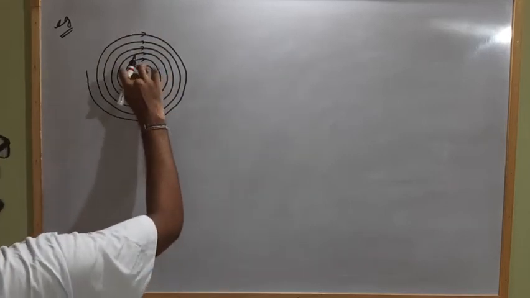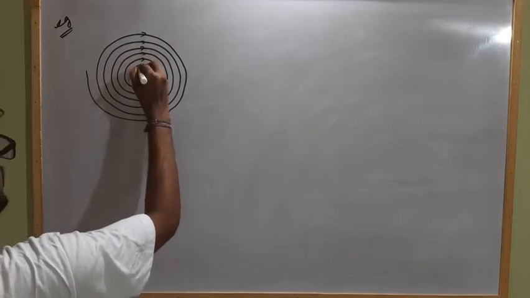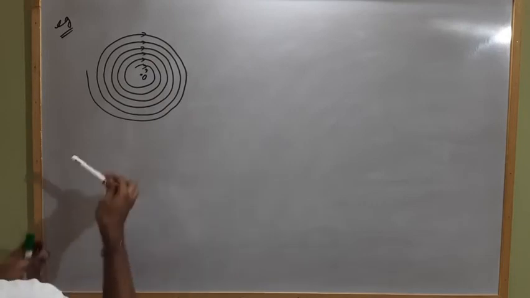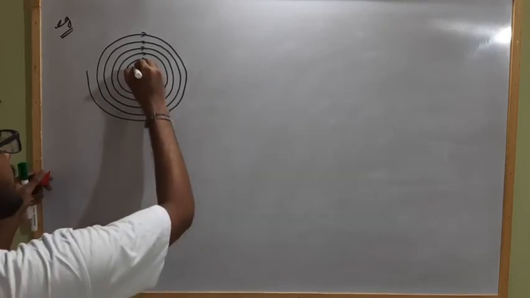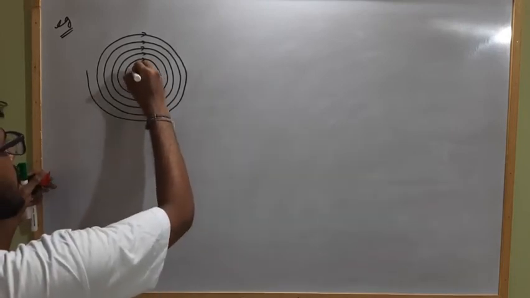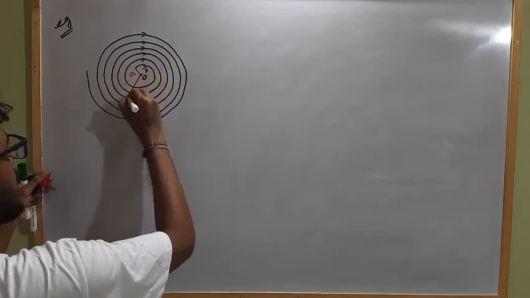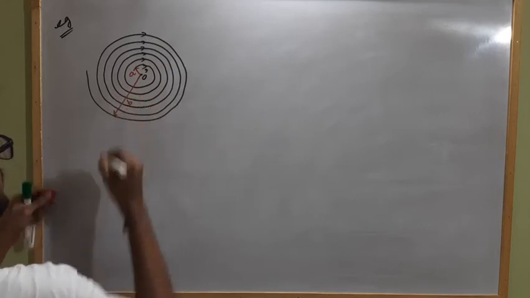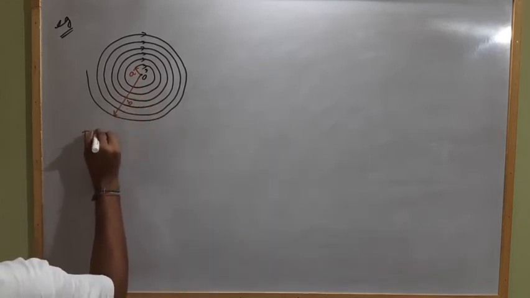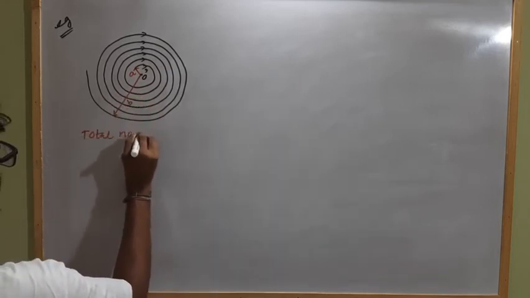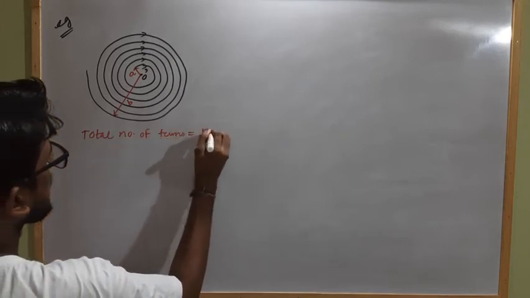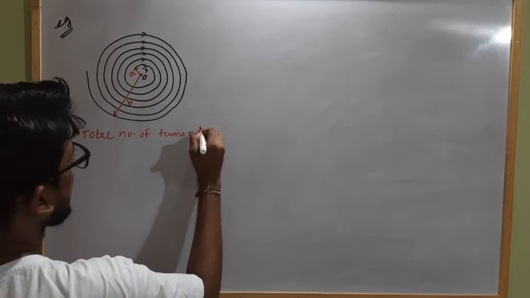The inner radius from this center O is A, and the outer radius is B, and the total number of turns is N. Let it be capital N.